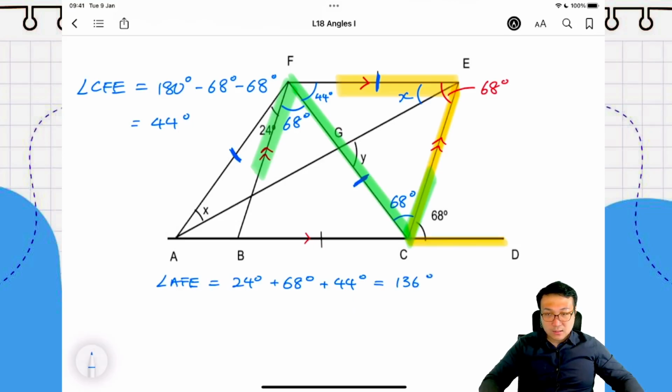Very good. Now we can find angle X. Do you know what's angle X? Because you have a big isosceles triangle, right? And you just found angle AFE. So now you can find angle X. How do you think you can find it?